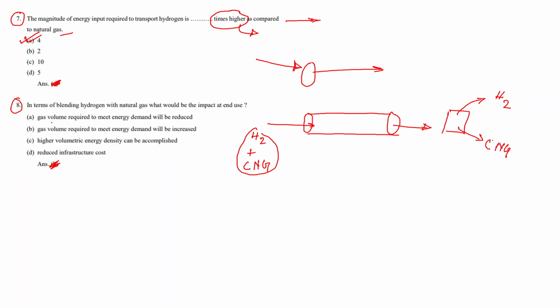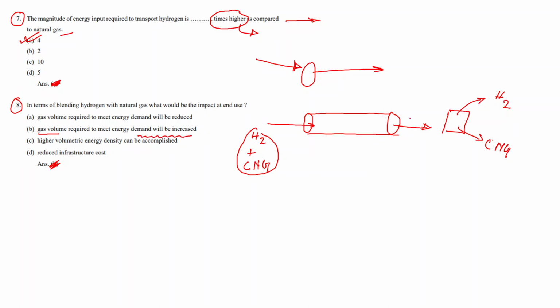So the first answer is the gas volume required to meet energy demand will be reduced. The other is the gas volume required to meet energy demand will be increased. So our answer will be that the gas volume required to meet energy demand will be increased.